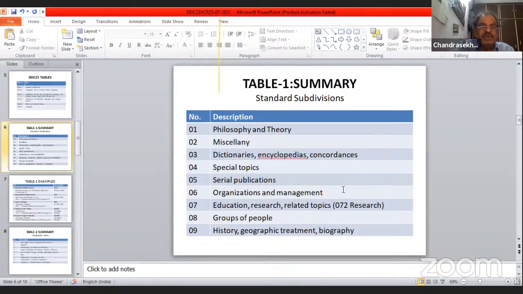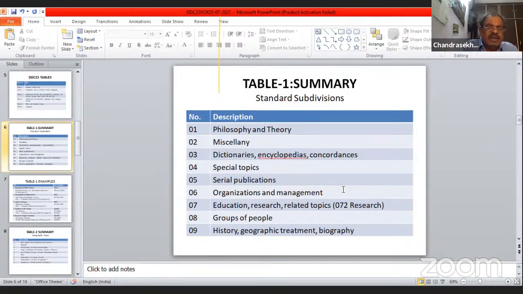Here 072 is research. You remember this number: 07 education means study and teaching, and 072 is research. It mainly comes up, for example, research in library science. Library science is the main subject area, 072 is the standard subdivision, and we attach that.